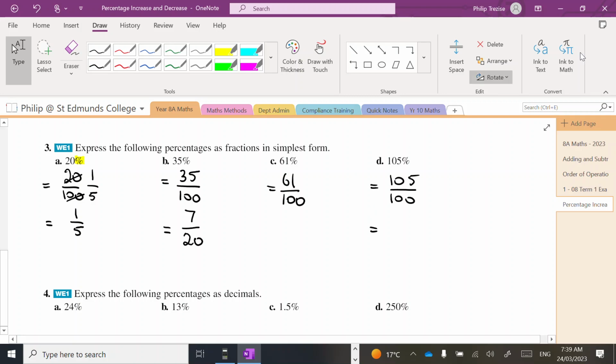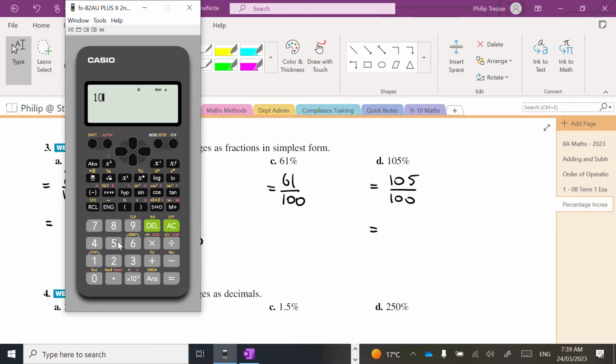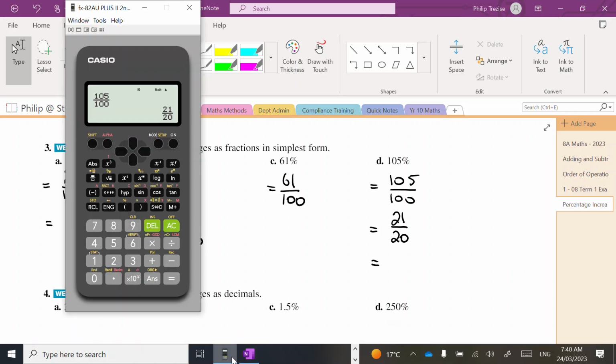And our last one, 105 over 100. Now they'll both divide by 5, but they're big numbers, so we'll try on the calculator and we have 21 over 20. Now that's obviously an improper fraction. That's okay. If you would like to express this as a mixed number, okay, so you see how we do S to D?